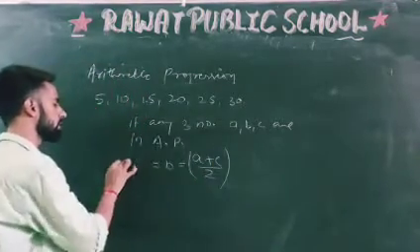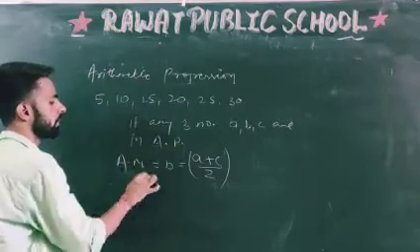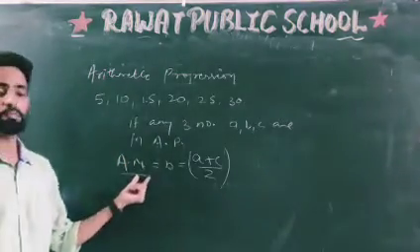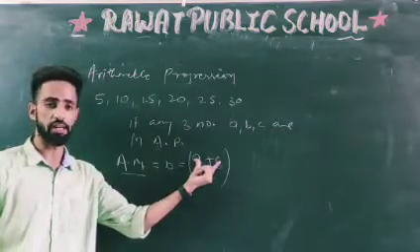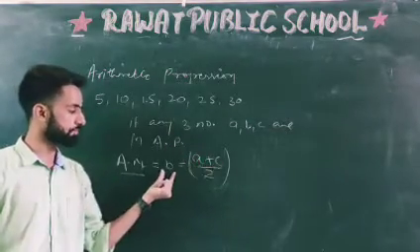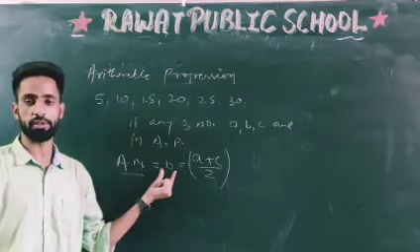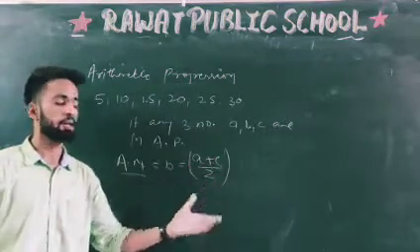This is called the arithmetic mean between two numbers, A and C. Between these two numbers, B is the arithmetic mean, which is equal to A plus C by 2.